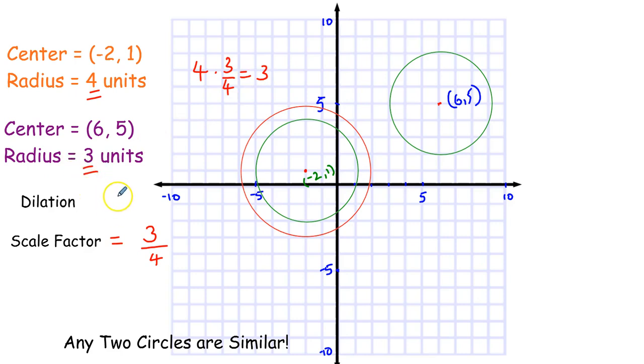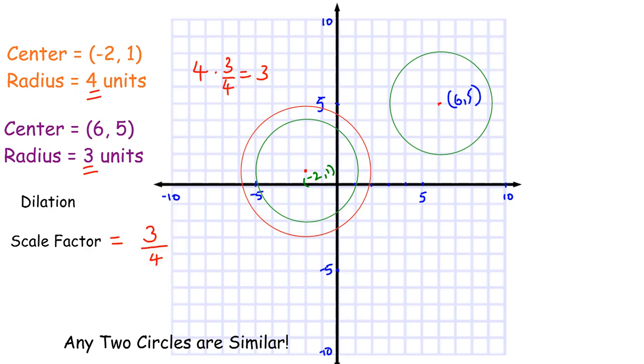So what we are trying to understand from this is that all circles are similar. Any pair of circles you take are similar. And in order to change the radius of one circle to the other, that is, to get the image from the pre-image, you just take the ratio of the radius of the new circle to the radius of the old circle.